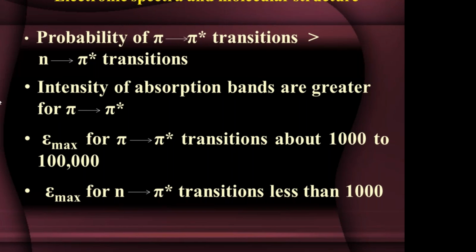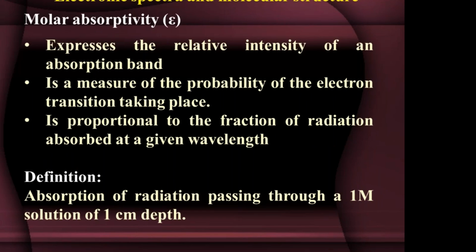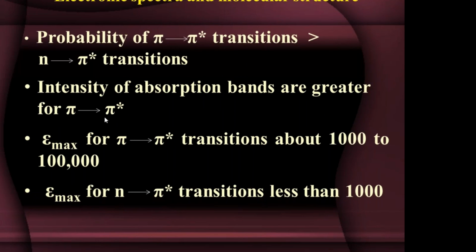So the band that you get will be a much bigger band for pi pi star, and the height of the band will be smaller for n pi star, as evidenced by the epsilon max values. Epsilon max is called the molar absorptivity, the maximum molar absorptivity.